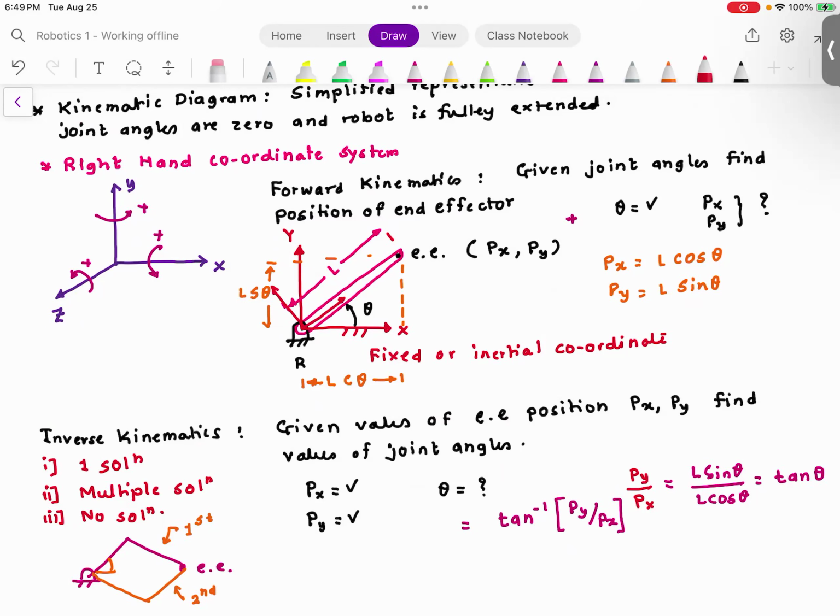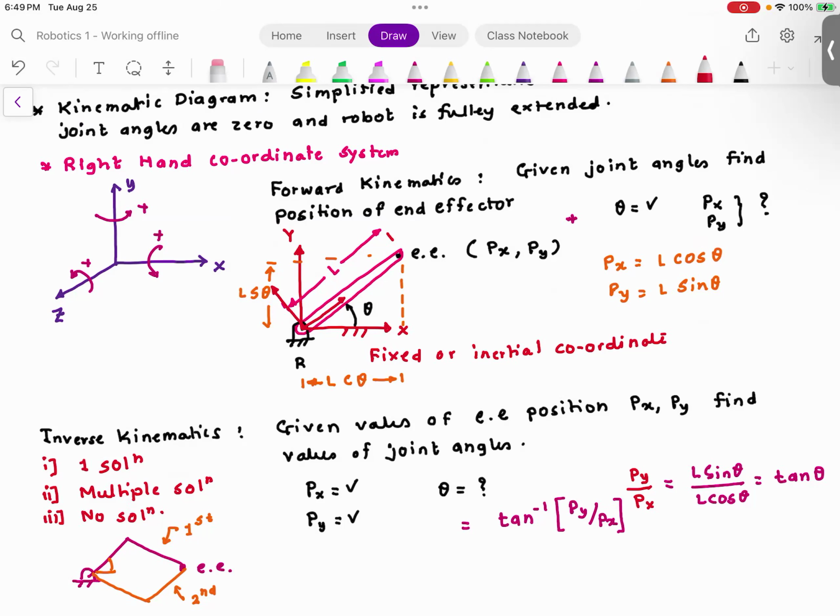So now I want you to pay close attention. In the robot, I have drawn two coordinate systems. One coordinate system is fixed to the ground, and the other coordinate system is fixed to the link. Which means as that link is rotating, that coordinate system is rotating.